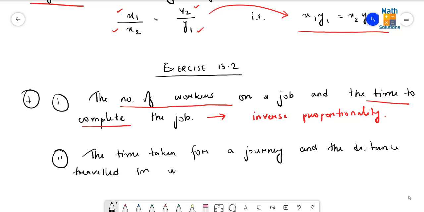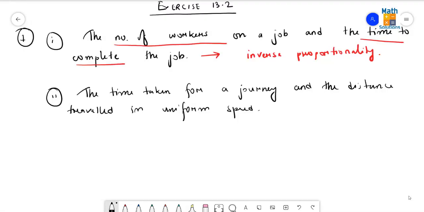In this case, time and distance are covered in direct proportion. So this is a direct proportion. When speed is more, distance is more. So in that case it is direct proportionality.